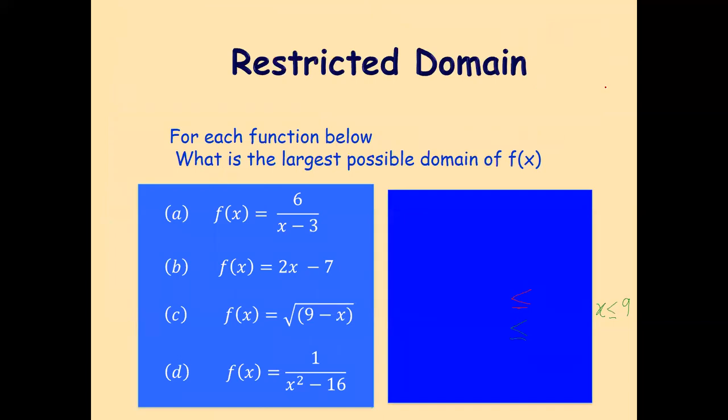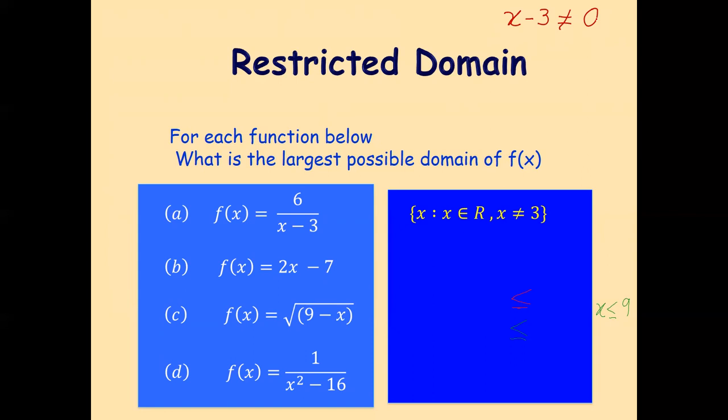So for each function below, what is the largest possible domain of f of x? If I've got, remember what we said, when you've got a fraction, what does it mean for the denominator? Numerator is the top, denominator the bottom. The denominator cannot be equal to 0. So I need to say x minus 3 is different than 0. What do we do to get rid of the negative 3?